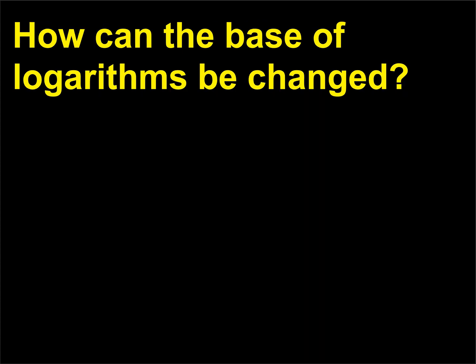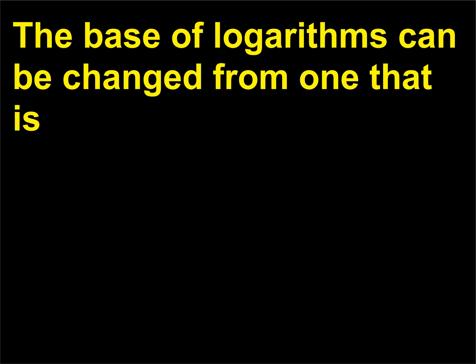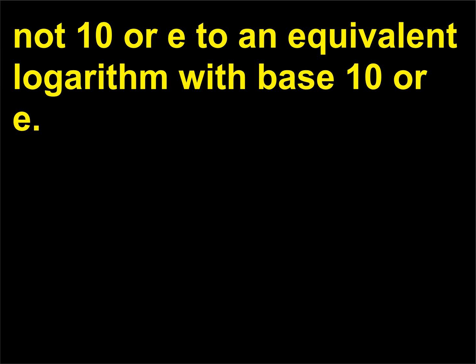How can the base of logarithms be changed? The base of logarithms can be changed from one that is not 10 or e to an equivalent logarithm with base 10 or e.